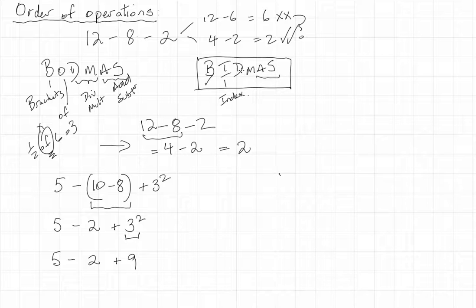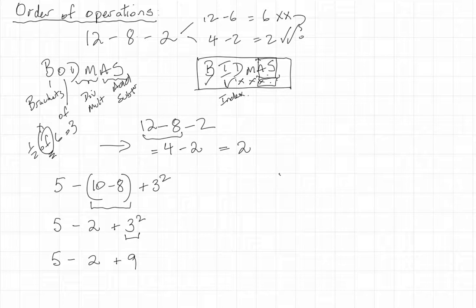Are there any division or multiplication to be done? No. So then we move on to addition and subtraction. We've done index, and there are none of those, and yes, there is addition and subtraction. So we do addition or subtraction as they occur left to right. They both have the same hierarchy.